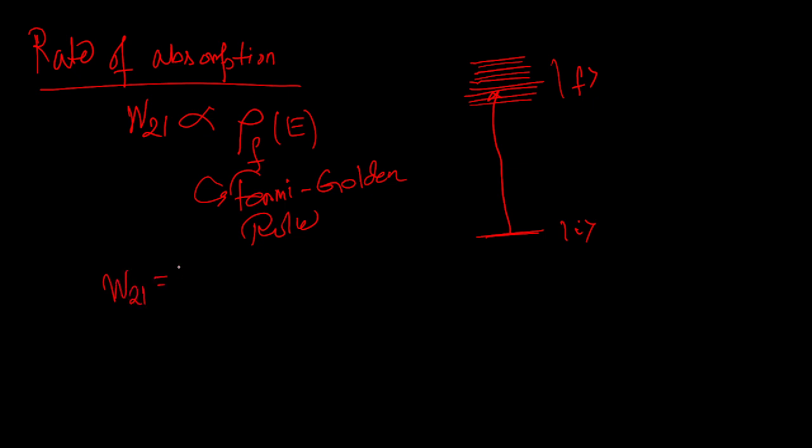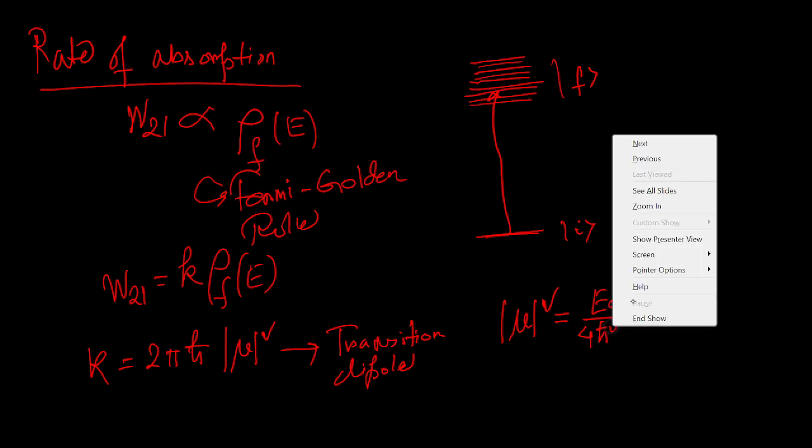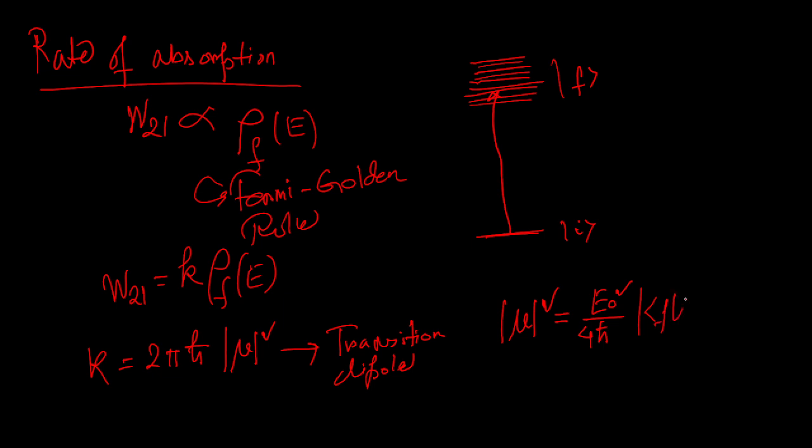And this has a constant, and the constant value is 2 pi h cut mu square, and the mu square is known as the transition dipole, and the mu square has an expression, and I have to write this term also.